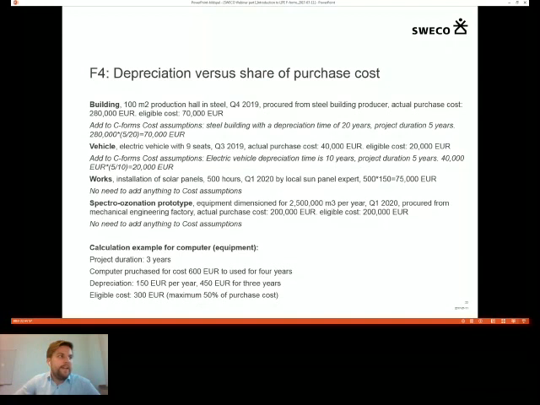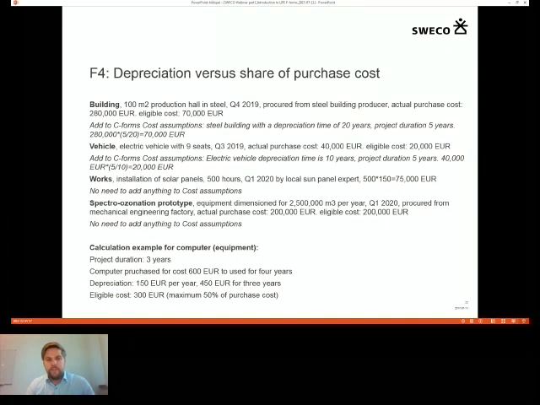We'll take one little calculation example for a computer. We also had a question on computers and where to put that. This is equipment. Our project is 3 years long, and we are purchasing a computer that costs 600 euros, and we expect you can use it for 4 years before it breaks down or gets too slow. This means that the depreciation, it loses about 150 euros per year.